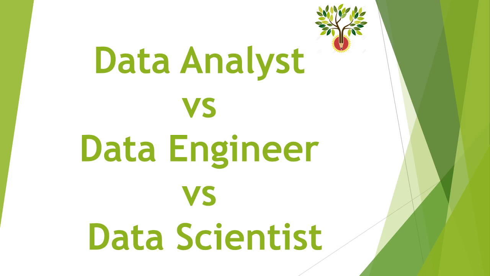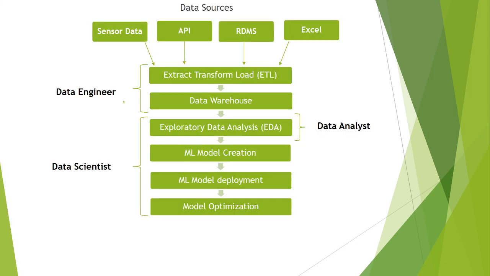Today we are going to discuss three major data science profiles: data analyst, data engineer, and data scientist. To understand these three profiles, let's understand the figure that I've drawn on that slide.